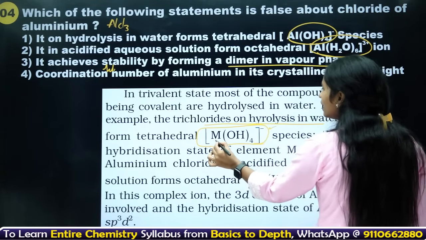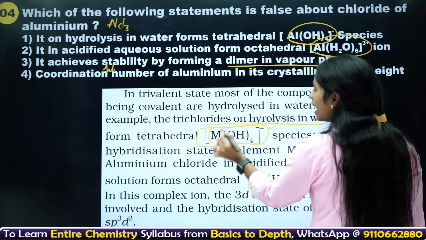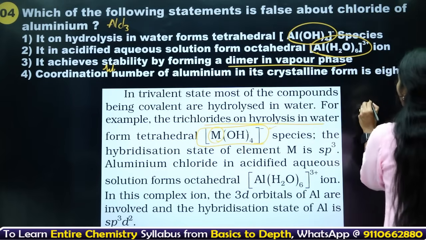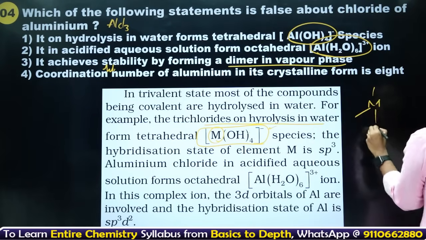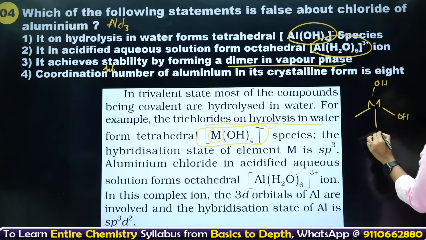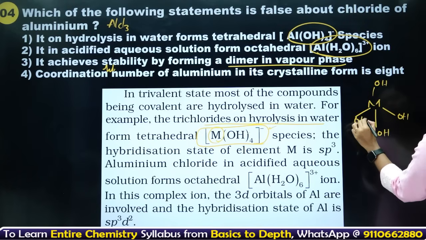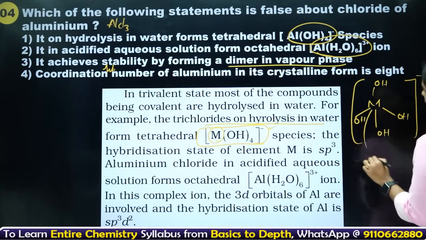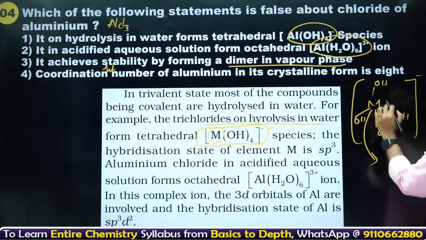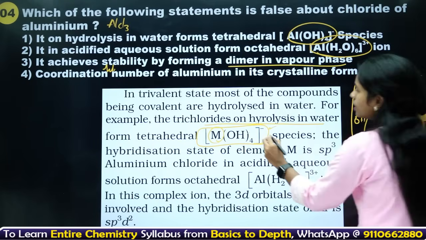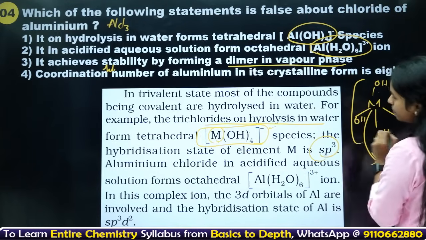In this, the central atom is surrounded by 4 OHs. And what is the hybridization? Total steric number: 1, 2, 3, 4 bonds are there. So its hybridization is sp3. So here hybridization is how much? sp3.